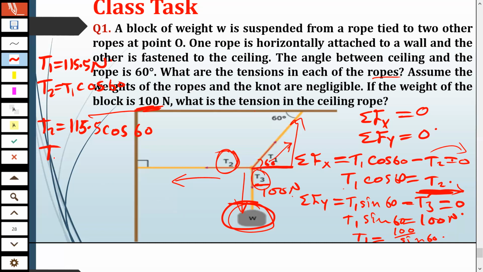So our T2 is therefore 57.7 newtons. I think we have managed to find all the ropes, T2 and T1. So our T1 is 115.5 newtons and our T2 is 57.7 newtons.